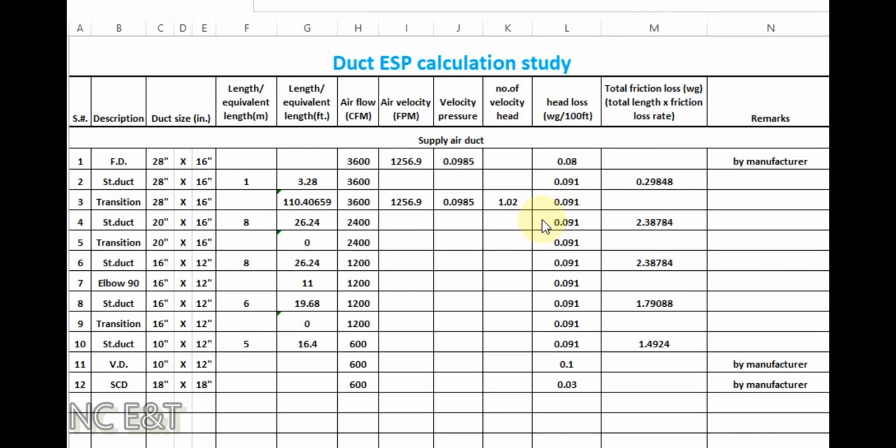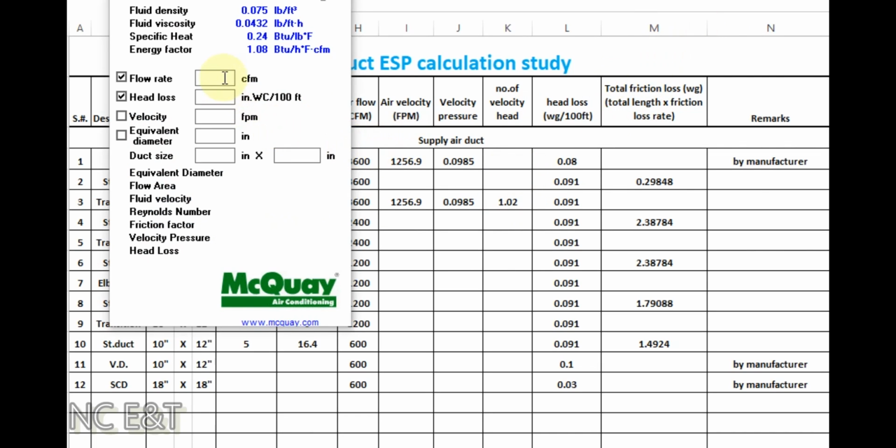After applying this value in this Excel sheet, we calculated the equivalent length of this transition piece, which is equal to 110.4 linear feet.